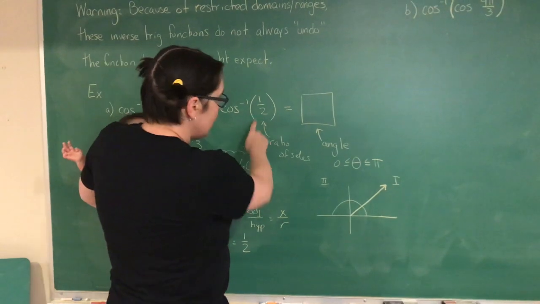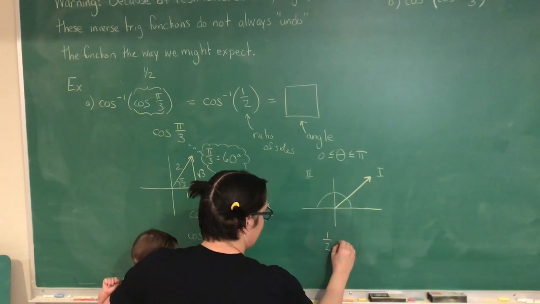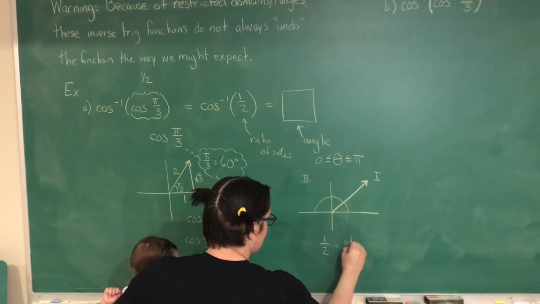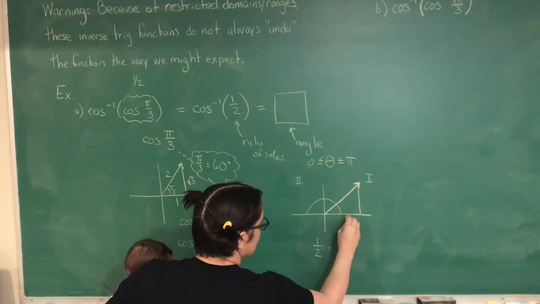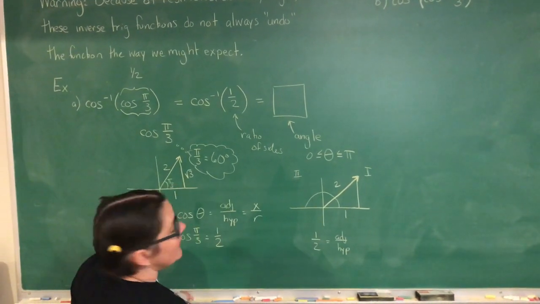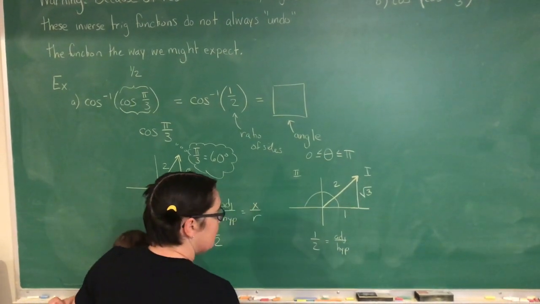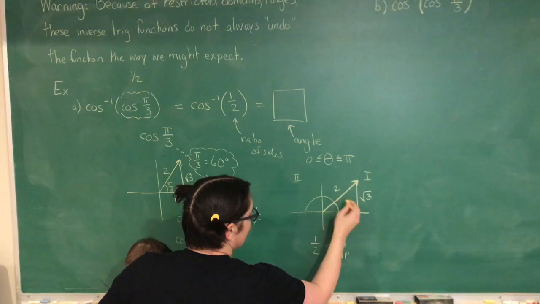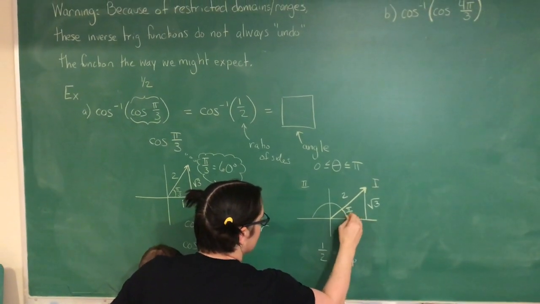Now our ratio is 1/2, so we're thinking about 1/2 as adjacent over hypotenuse. So our adjacent side is 1 and our hypotenuse is 2, and I recognize that triangle as 1, 2, square root of 3, and our angle here is 60 degrees or pi over 3.